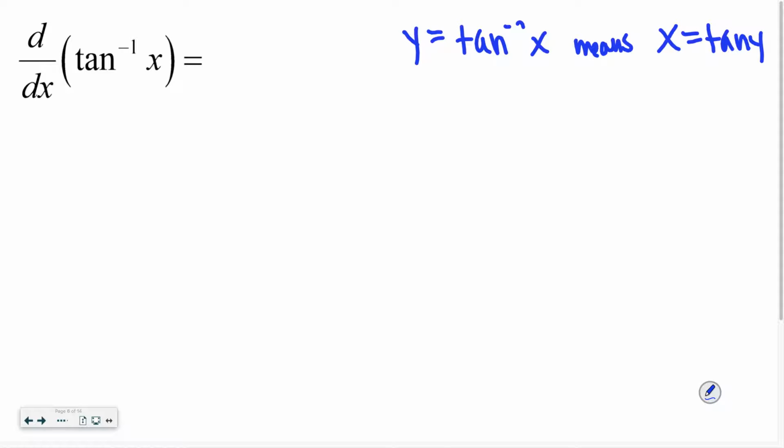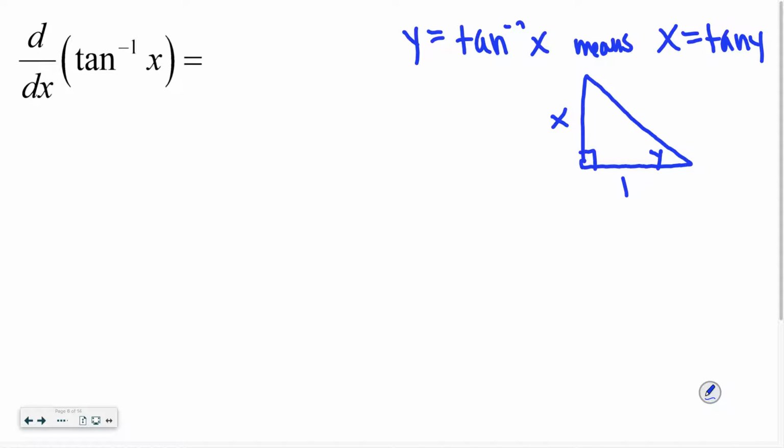Well, if we're talking about trig, we're talking about the study of triangles. So if we have an angle y, then its tangent ratio is x over 1. Right?